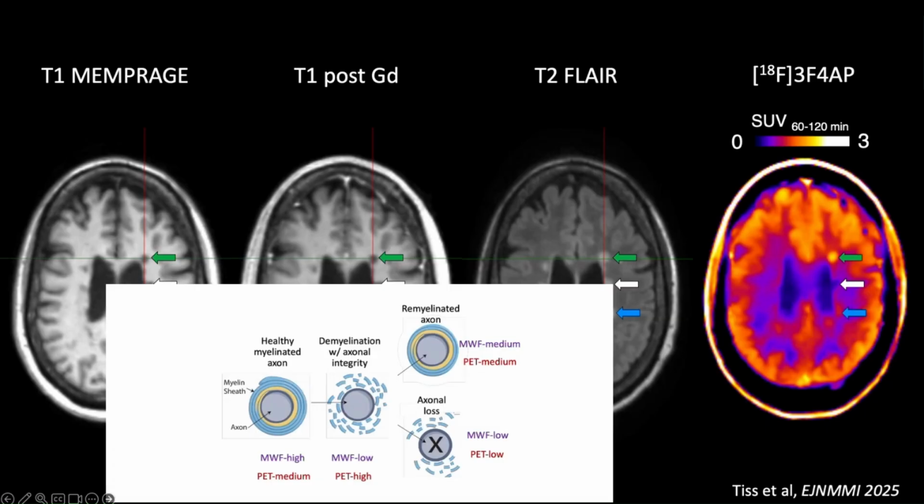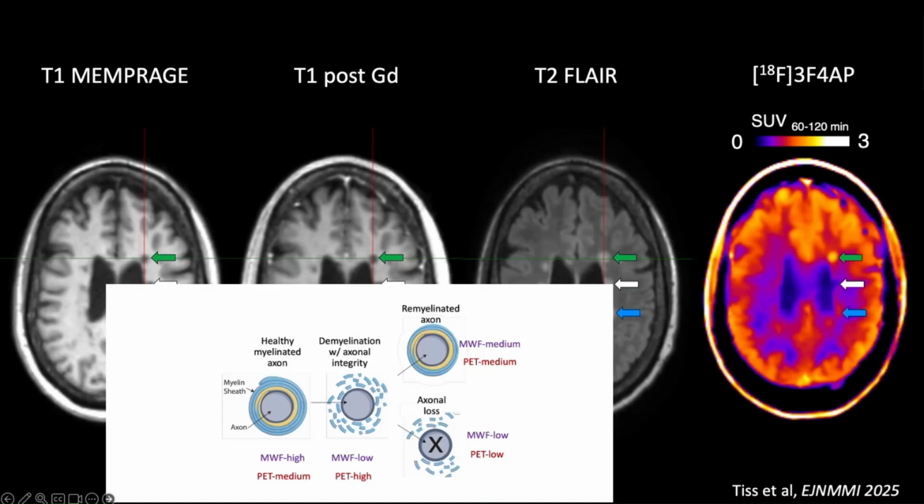So what we think is happening is when you have a normally myelinated axon, in this scenario, you have low levels of PET tracer binding because your potassium channels are masked by the myelin. When you have demyelination, you have high levels of PET tracer binding. But after a while, neurons that are demyelinated will either remyelinate, and then the PET signal will go back to baseline or near baseline.